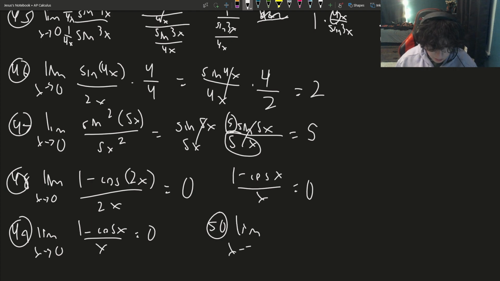Last one, limit as x approaches 0. Right after this, I'm going to do the harder paper. Let me just erase that. Tan of 5x over 2x.